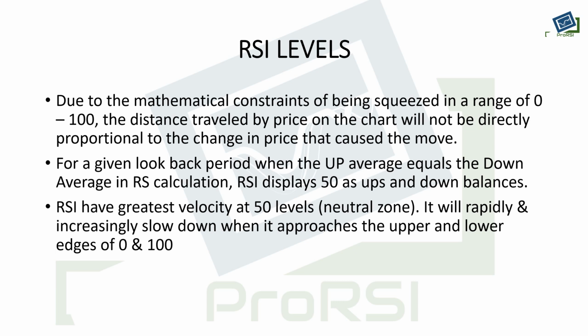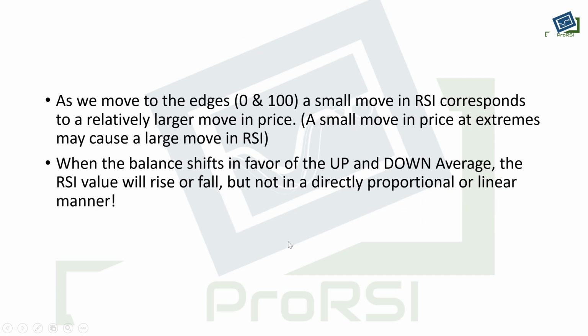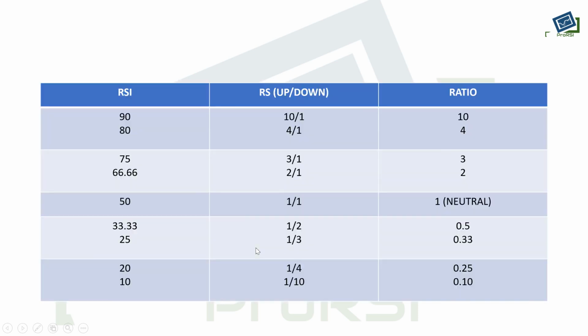At 50 the RSI has the greatest velocity and it is in a neutral zone. RSI will start slowing down as it approaches the upper and the lower levels.